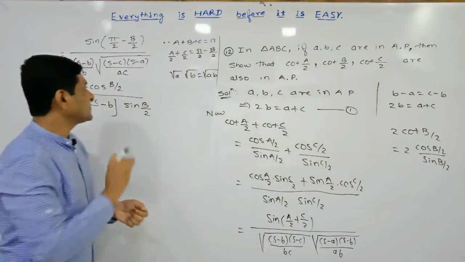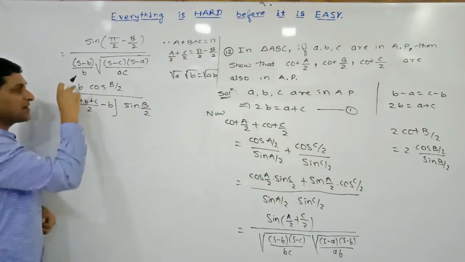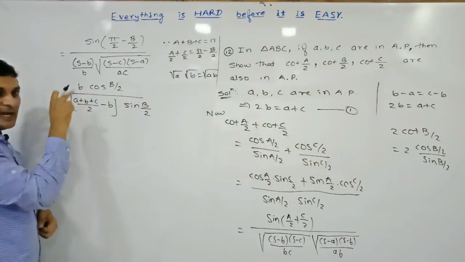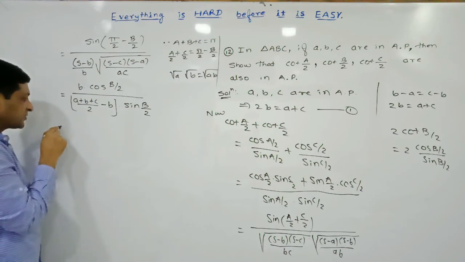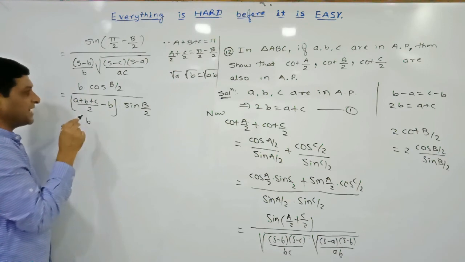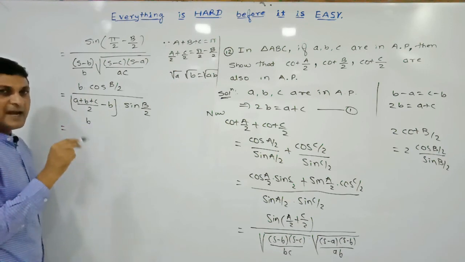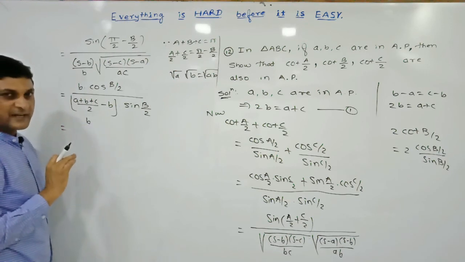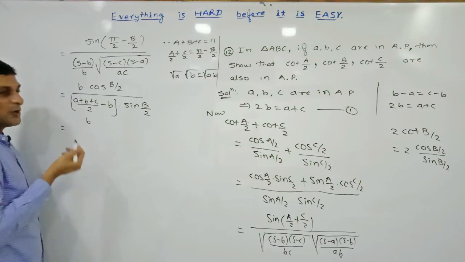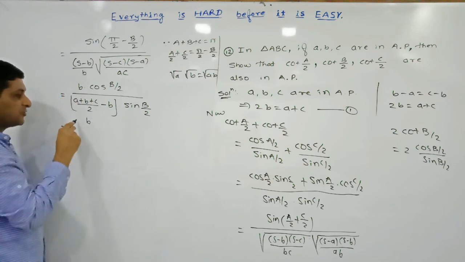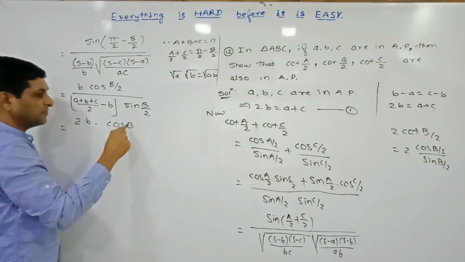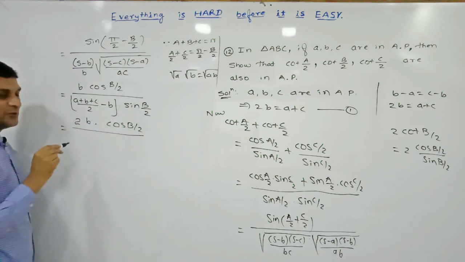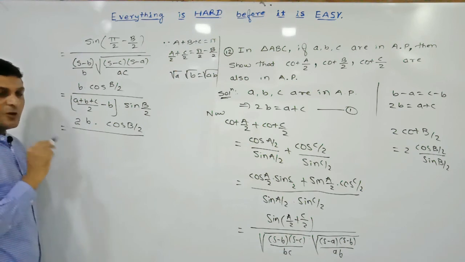Now the remaining part is just to get 2 here. Now simplifying this term, let us try to get 2 here, and let us check whether all the remaining terms will get cancelled or not. So I am multiplying the numerator and denominator by 2. Let us see what we'll get here. If I multiply the numerator by 2, here we will get 2b into cos B by 2, and since we are multiplying the numerator, that's why we are multiplying the denominator by 2.